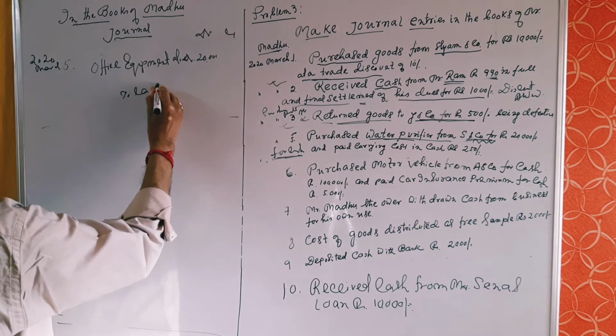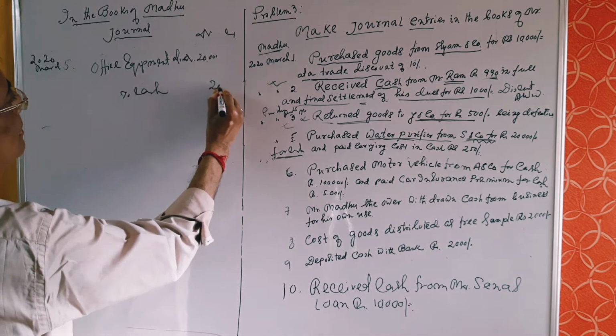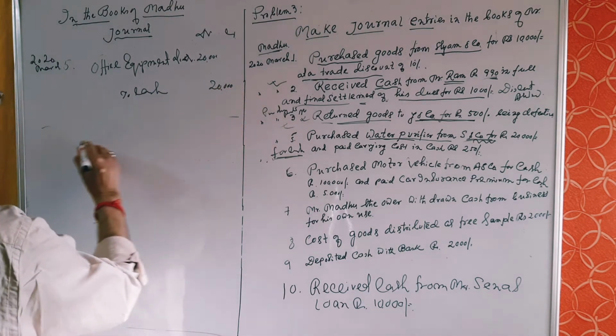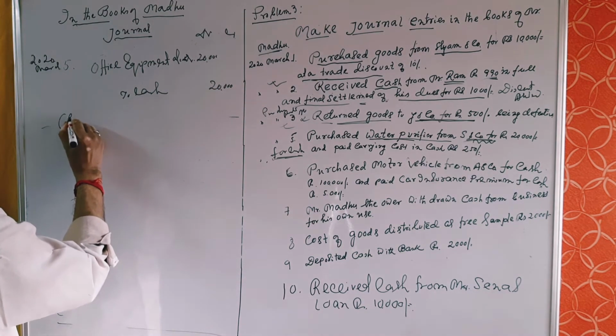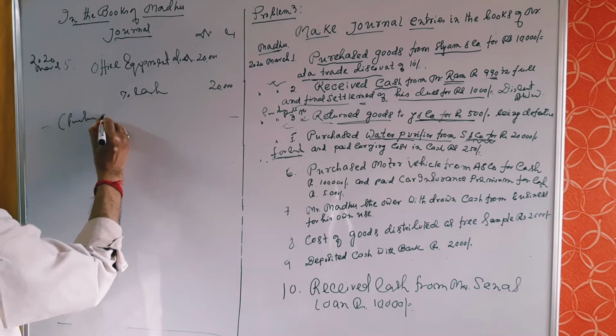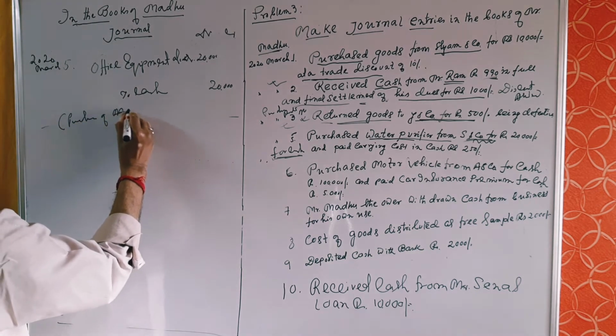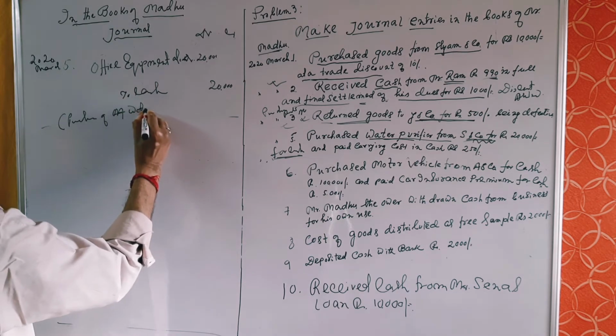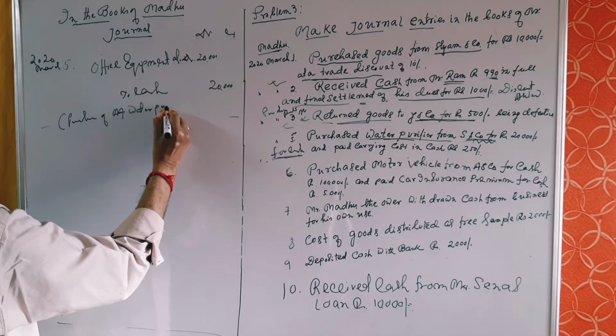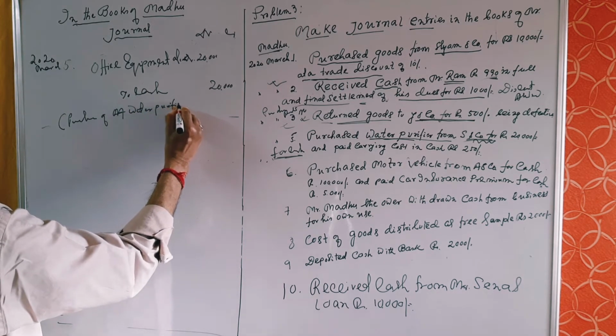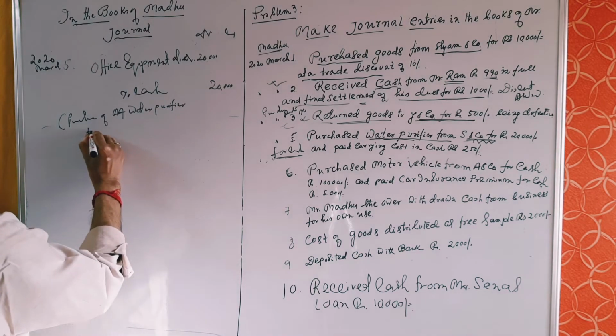To cash 20,000. Purchase of water purifier for cash.